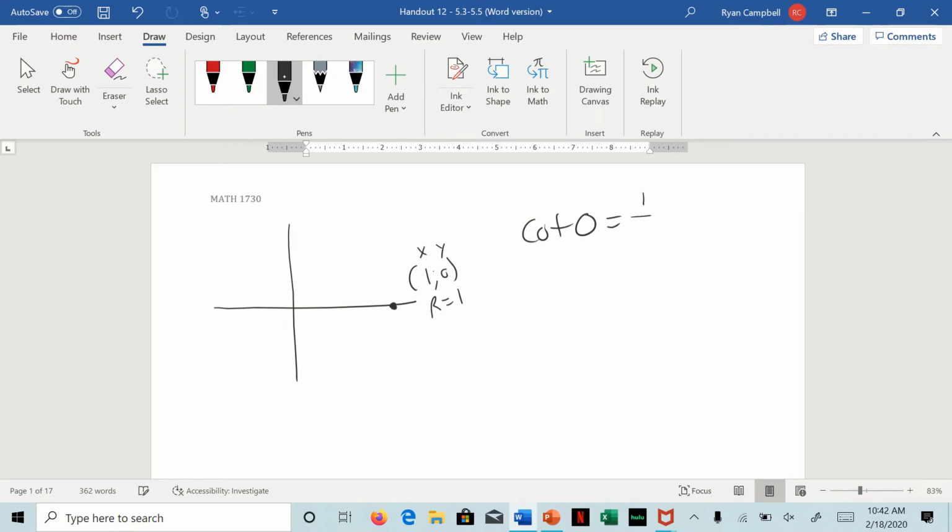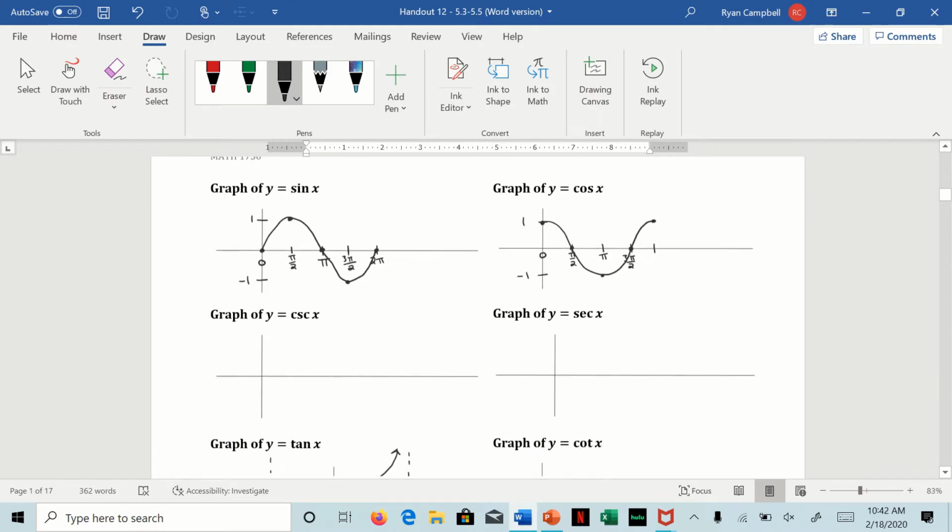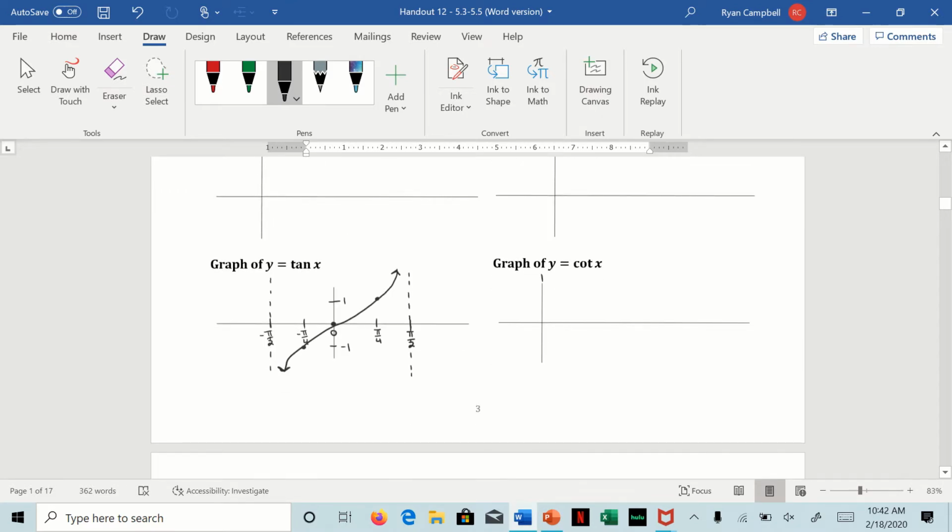So it's going to be 1 over 0, which, as we can see, is undefined, which means that we're going to have a vertical asymptote at x equals 0. So we can just go ahead and write that right there. So x equals 0, vertical asymptote.